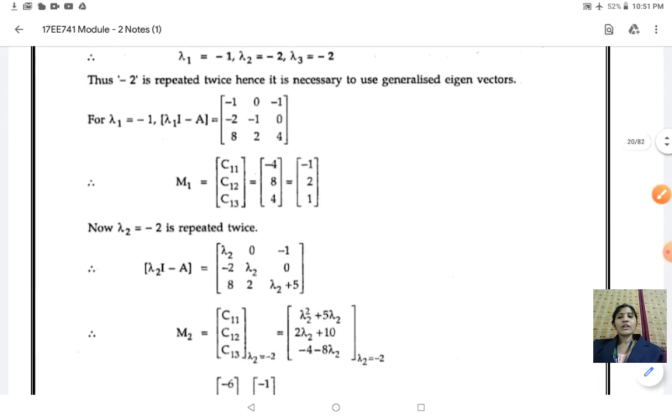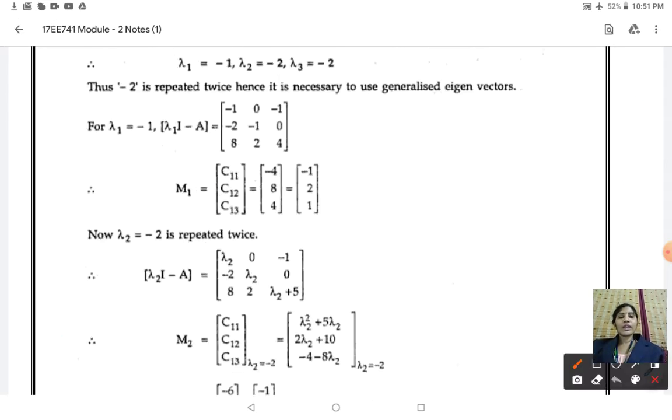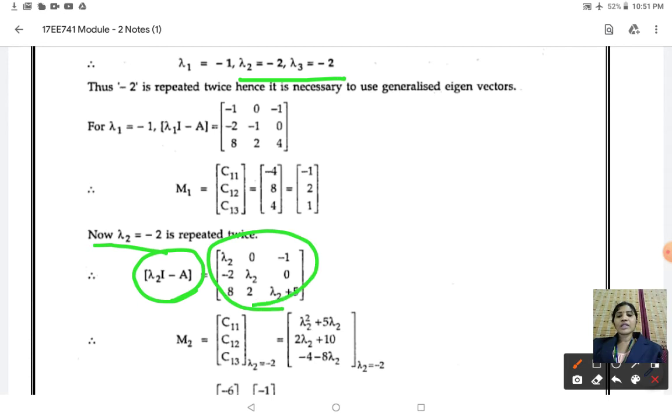Next, lambda 2 and lambda 3 are going to be repeated. For this, you have to identify, at lambda 2 equal to -2, what is your lambda I minus A, just to frame it as an equation. Why?